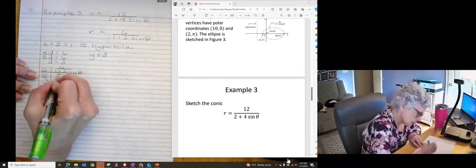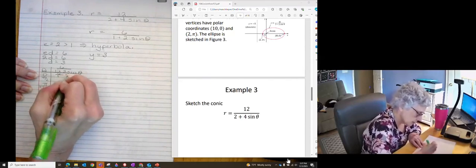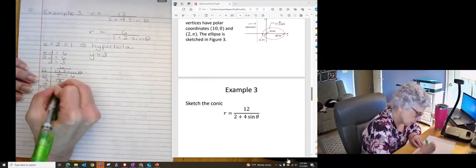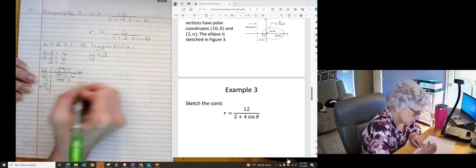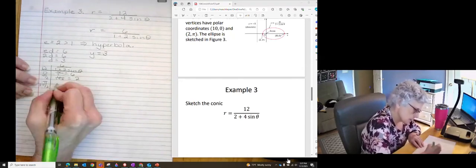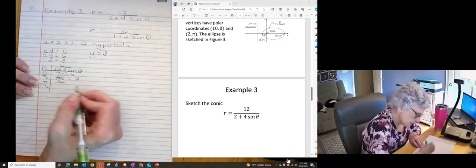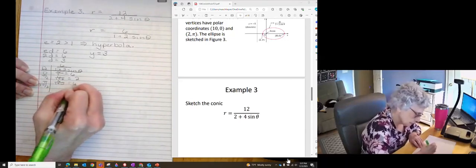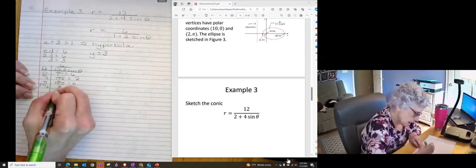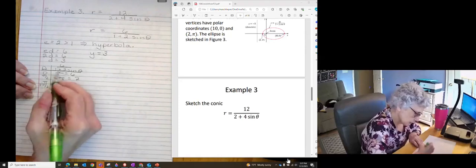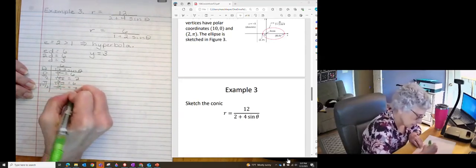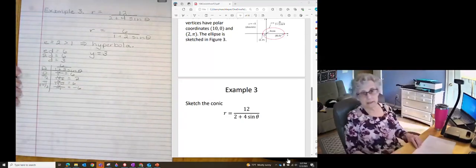I get 6 over 1 plus 0. I have 6 over 1 plus 2. So 6 over 3 is 2. I have 6 over 1 plus 0 is 6, and I have 6 over 1 minus 2, so I have minus 6.